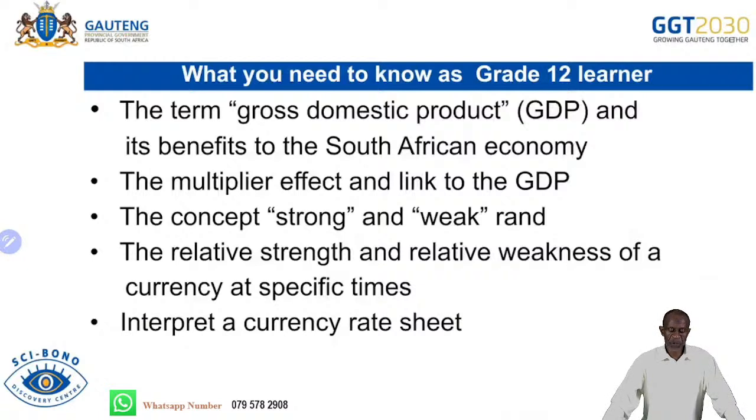Secondly, you need to know and understand the multiplier effect and its link to the GDP. You also need to understand the concept of a strong and weak rand. You also have to know the relative strength and relative weakness of a currency at a specific time. You also need to interpret a currency rate sheet.